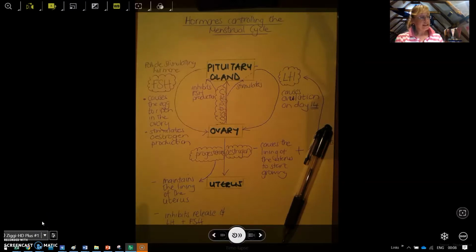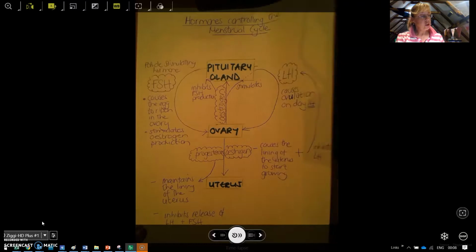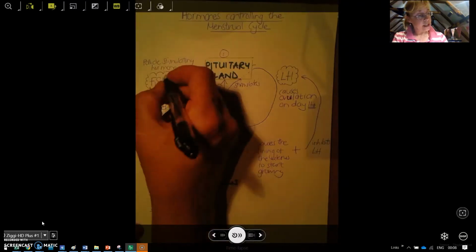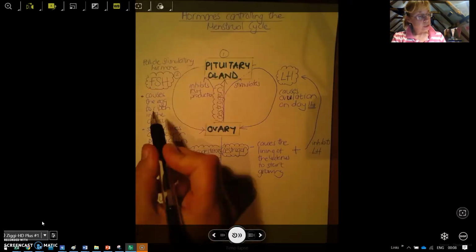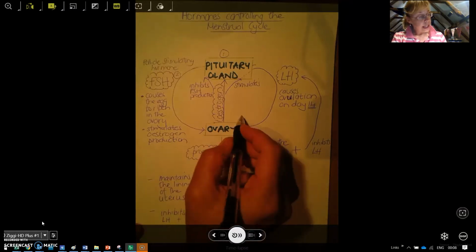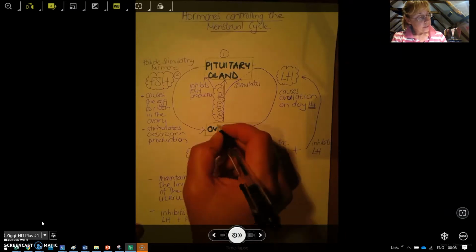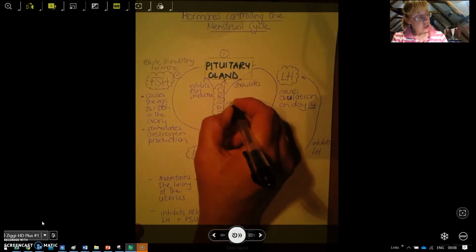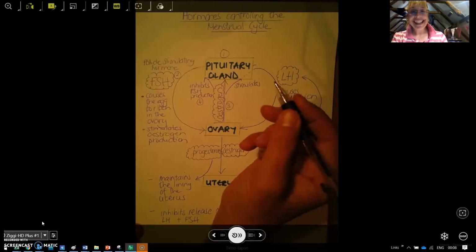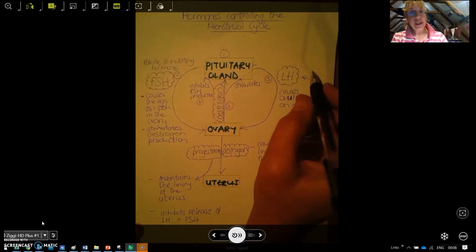Okay, so as you're revising, it might be worthwhile when you're looking back just to follow the path in order. So we start off over here, the pituitary gland secreting FSH, which causes the eggs to ripen and stimulates estrogen production of the ovary. The ovary then releases estrogen, which inhibits FSH production and stimulates LH. What does LH do?